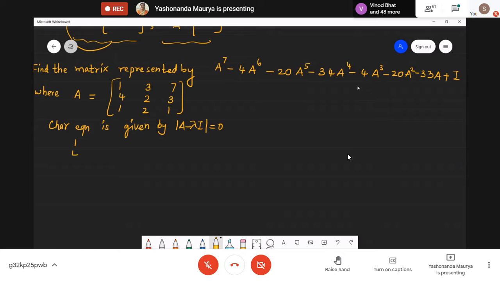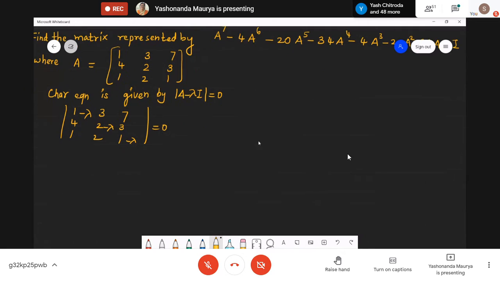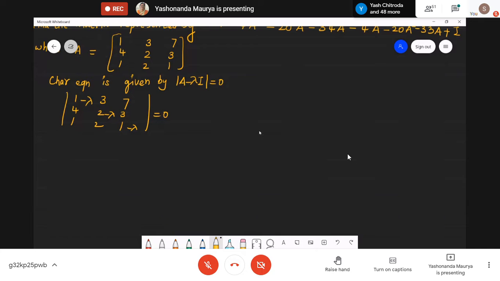Then we'll have the matrix with 1 minus lambda, 2 minus lambda, 1 minus lambda on the diagonal, determinant of this equal to 0. Now who will tell me the characteristic equation? Who will help me in simplifying this? I guess you people have learned this now. You should be clear with this.